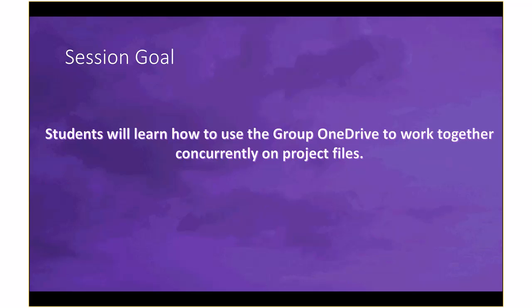So versioning and alerting are management tools that help deal with that complexity. So session 11 is next, and we're going to wrap up with another advanced topic around the group OneDrive.